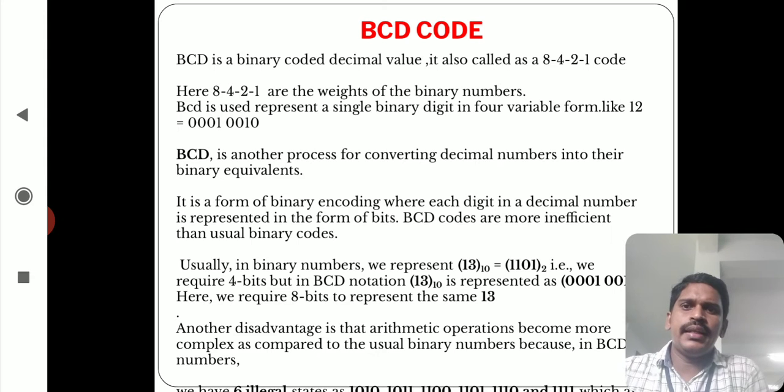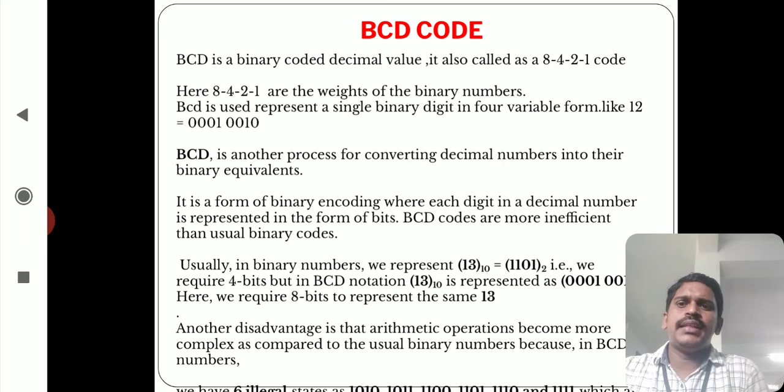See the example: 13 is converted to 1, which is 0001, and 3, which is separately 0011. Here we require 8 bits to represent the same number 13. In the first example, 13 in binary requires only 4 bits, but in BCD code, the value 13 requires 8 bits.